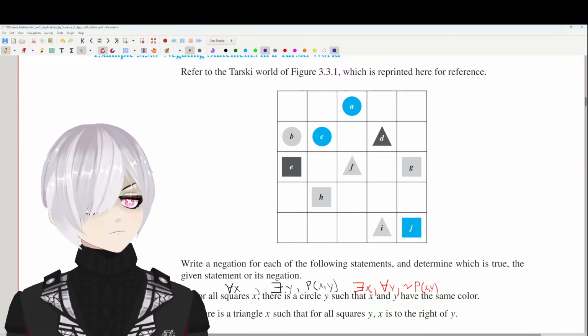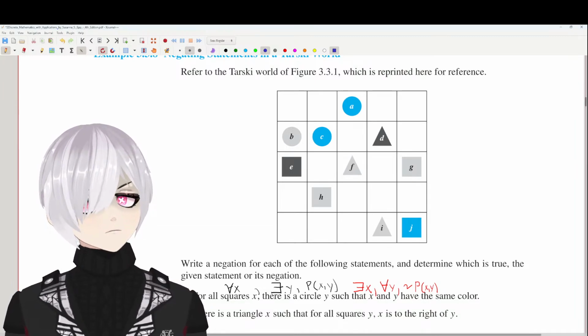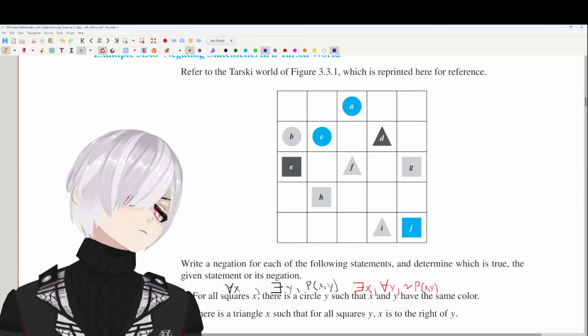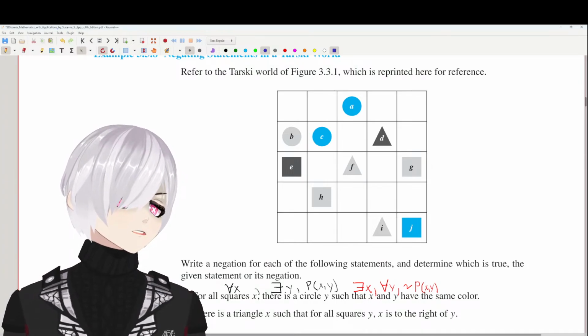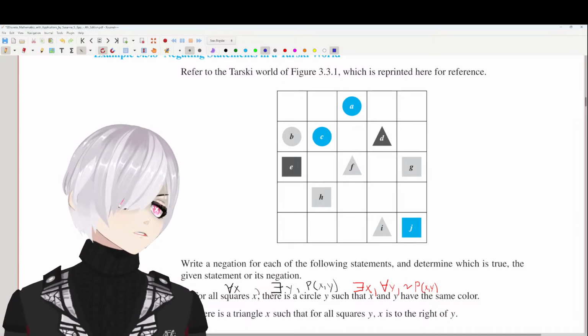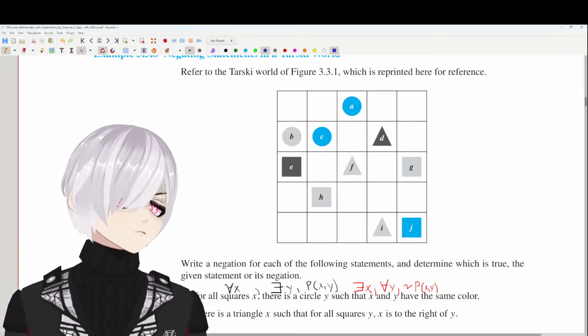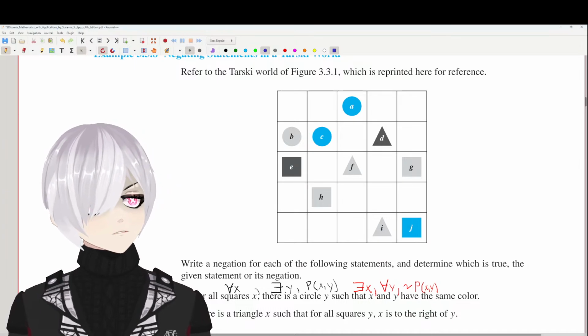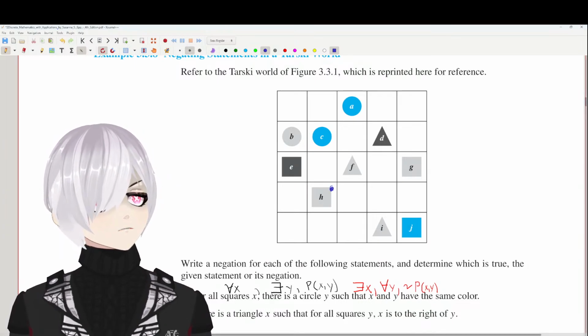So first off is the given statement, which was: for all squares x, there exists a circle y such that x and y have the same color. So for all squares x, here's a square.